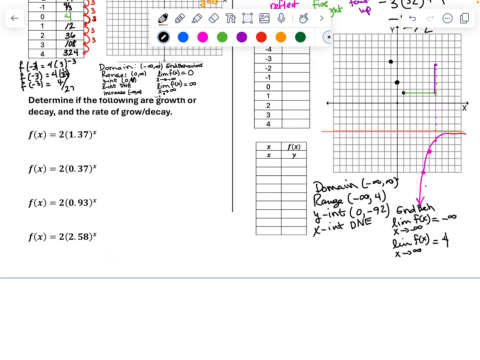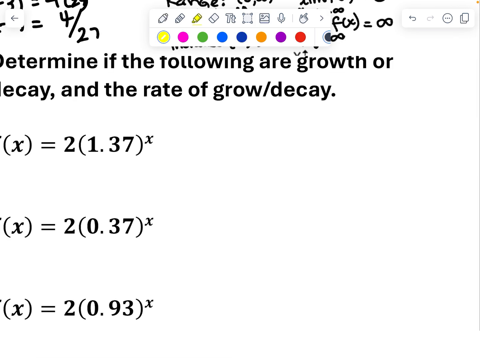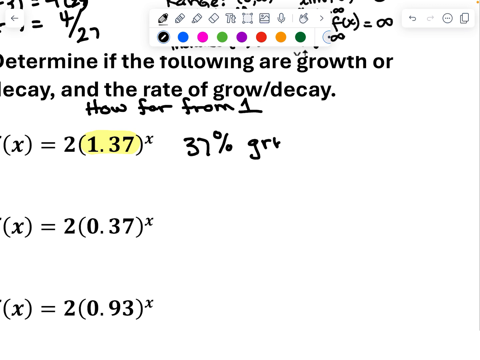All right. All we're going to look at here is this number, and we are asking ourselves this question: how far from 1? So this is 37% growth. Growth. I can almost spell.